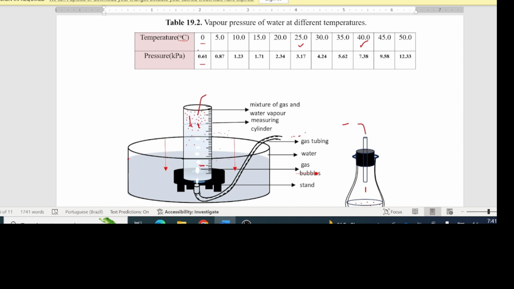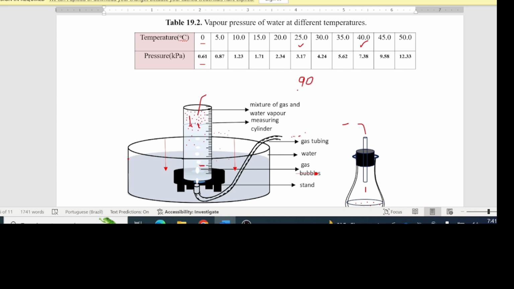That's why now you have to know what temperature you're doing this experiment at. So supposing now you are doing this experiment at 25 degrees Celsius, and the total pressure of the gas collected was recorded to be 90 kilopascal, right? At 25 degrees Celsius.